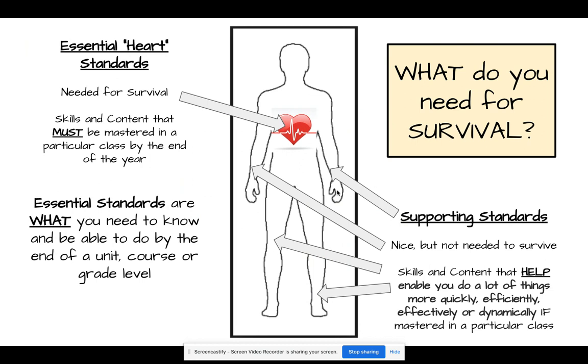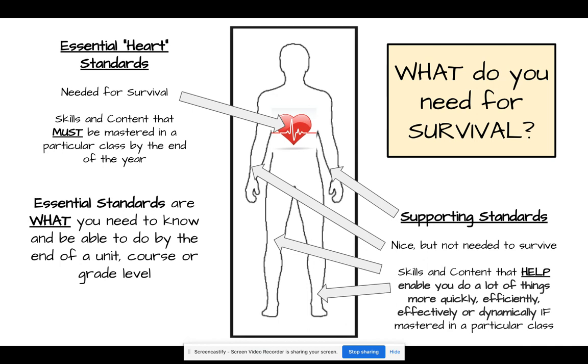We mentioned this in the overview that all the rest of the standards, yes, we're not saying don't teach them. We're not saying don't cover them. We're just saying don't spend all the time and energy on the arm and leg standards, the supporting standards, because kids will survive the next grade level, the next subsequent course without them.